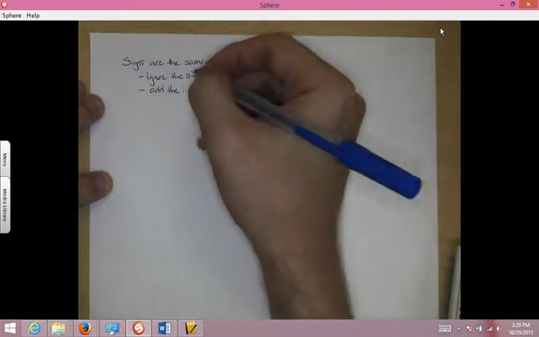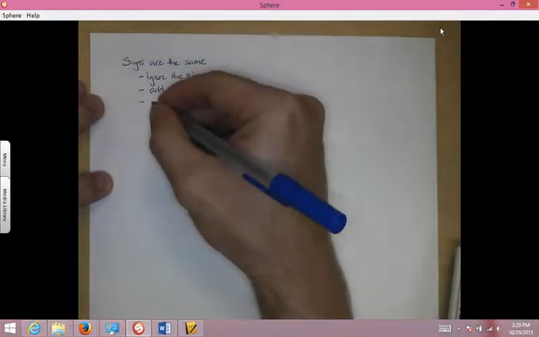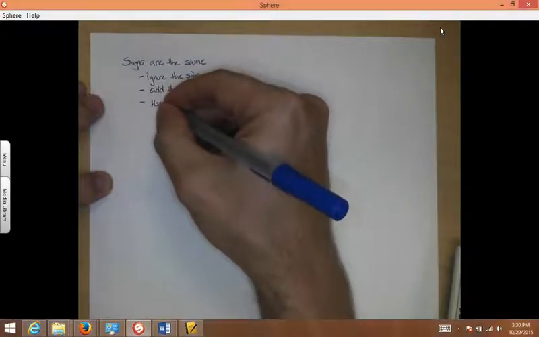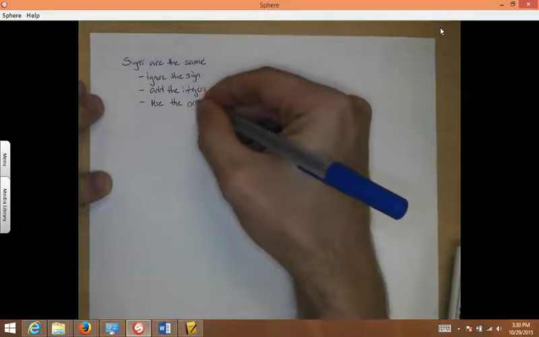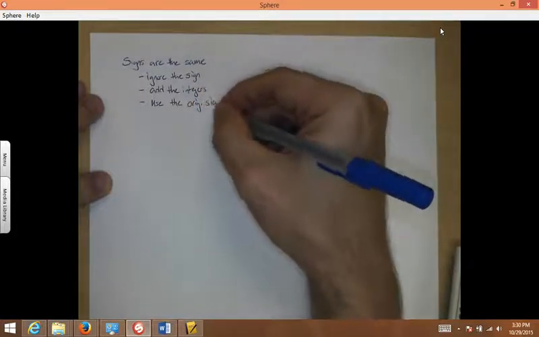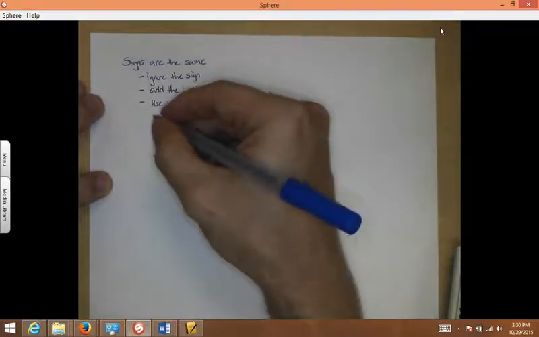And then, after you add the integers, you are going to use the original signs with your answer.